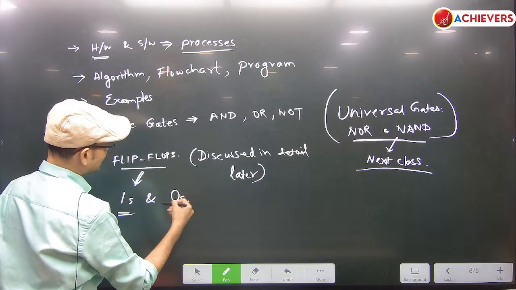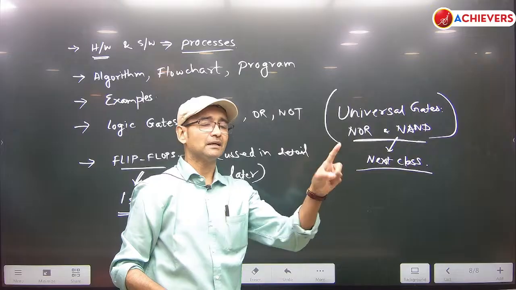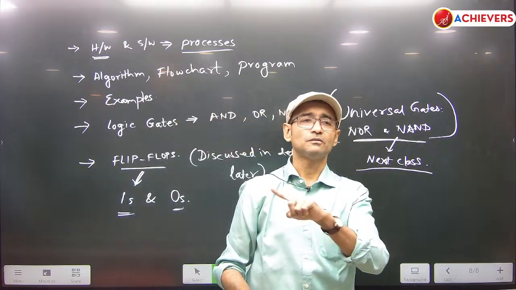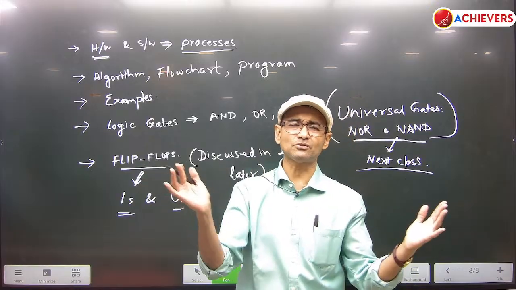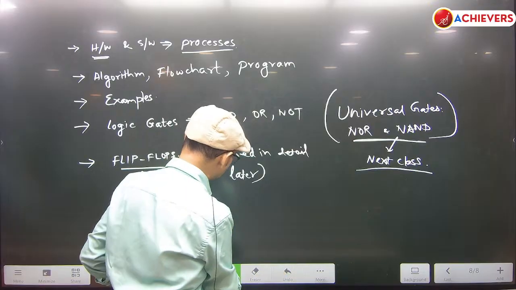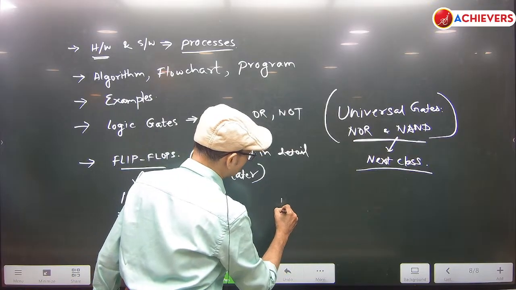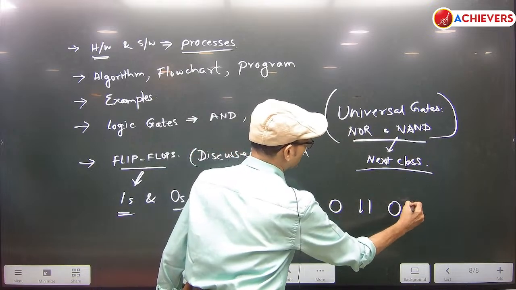How ones and zeros? We have already given one example, that NOT of 1 is 0. In the other way round, we can have a combination of ones and zeros, representing a set of bits, 1 0 1 0 1 1 0 1, for example.